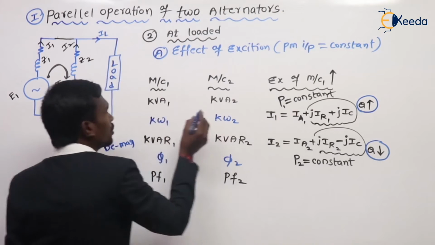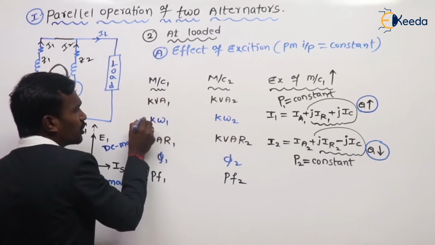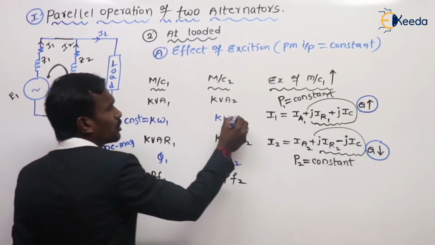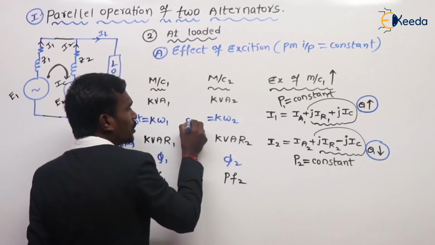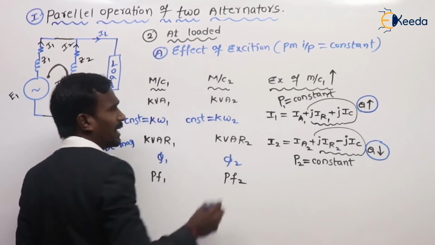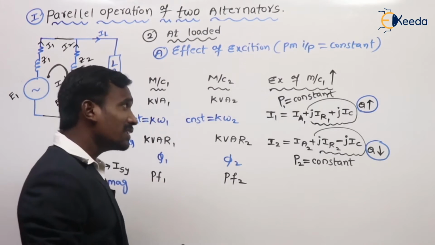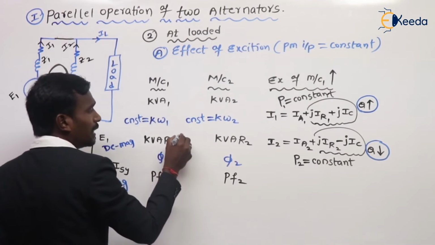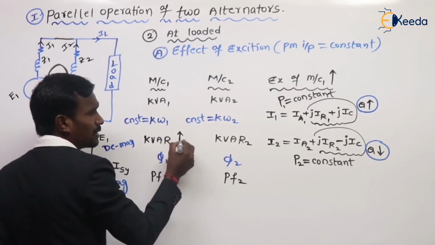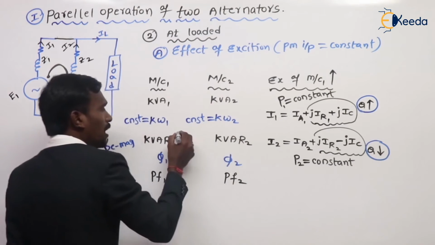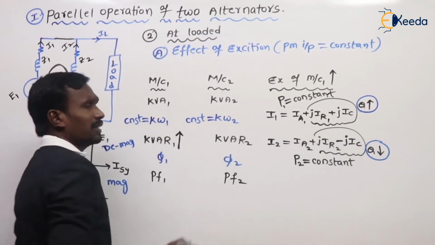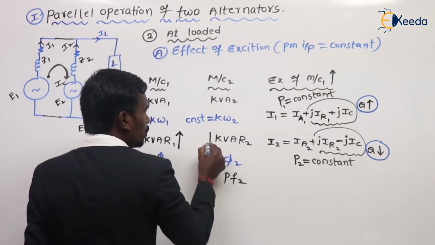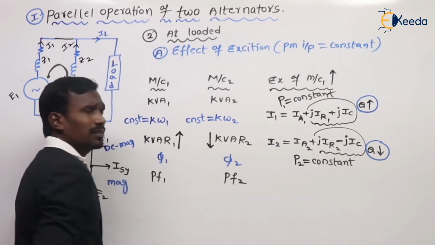Exactly, the active power of machine 1 is constant and active power of machine 2 is also constant, but the reactive power of machine 1 increases and the reactive power of machine 2 decreases.